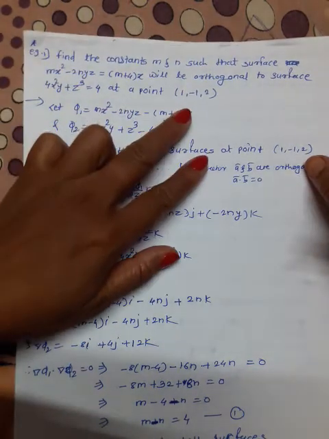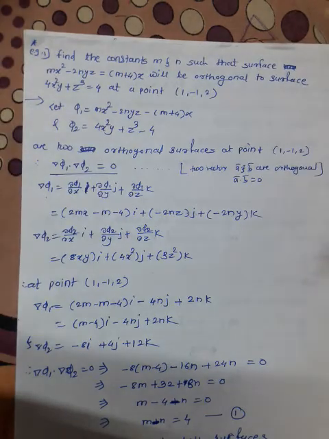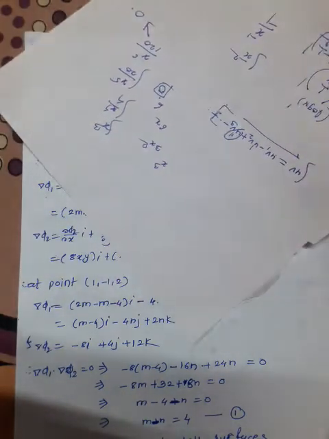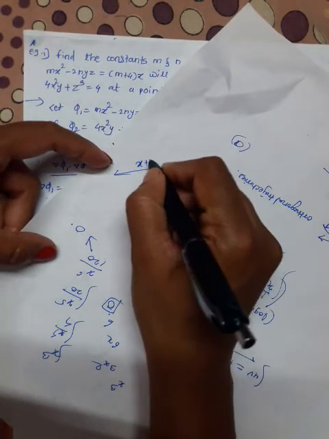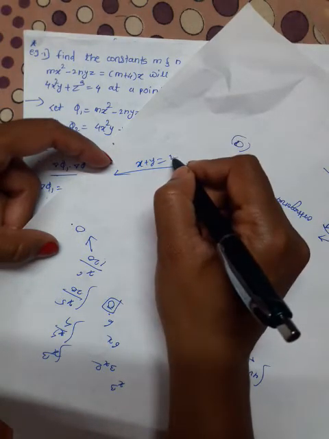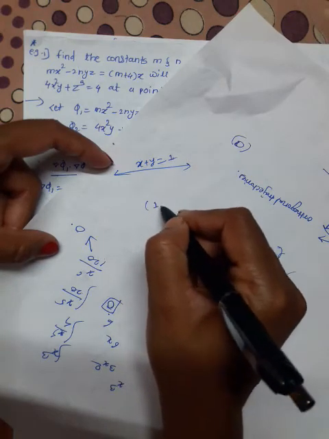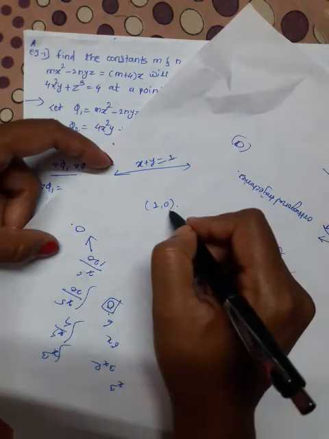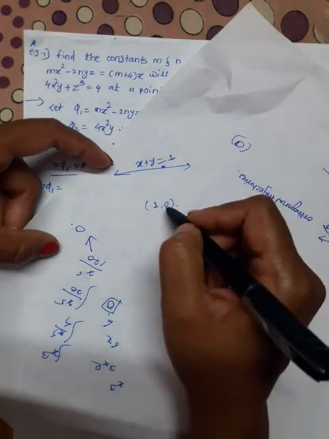Suppose this is one line, and this line's equation is x plus y is equal to 1. If we say one particular point, suppose (1, 0), lies on this line, then what does this mean?